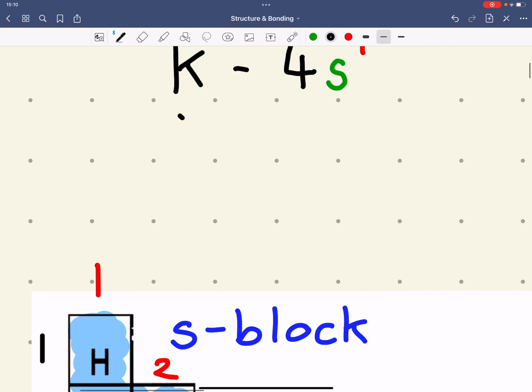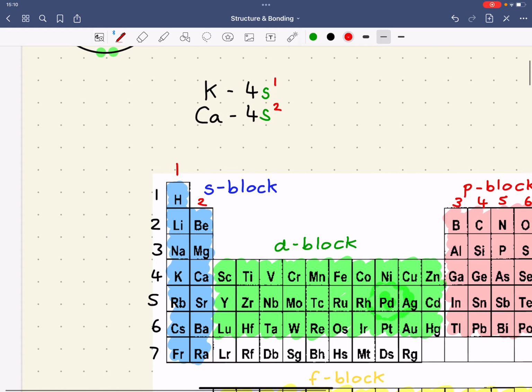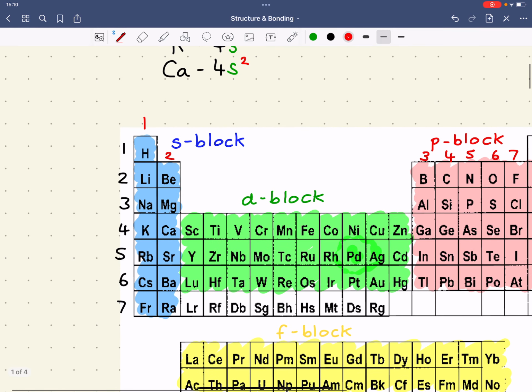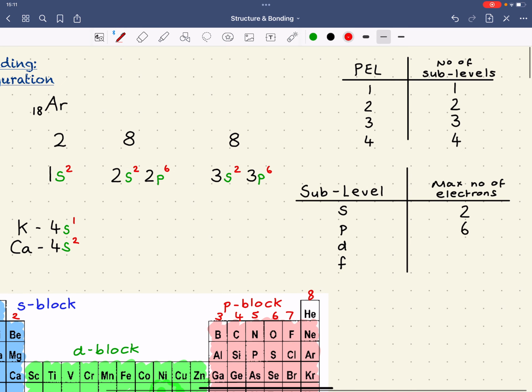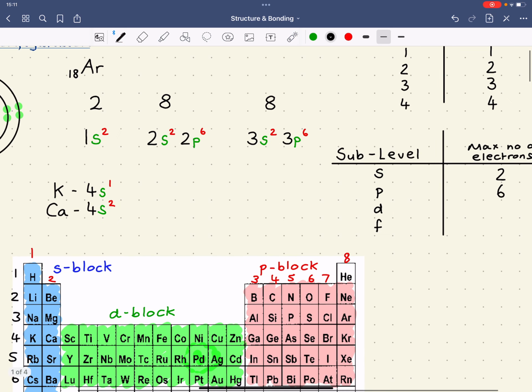Calcium then would be 4S2. Now what happens is we go back and fill in this third sublevel in the third principal energy level, which is the D. So the next element along after calcium is scandium.